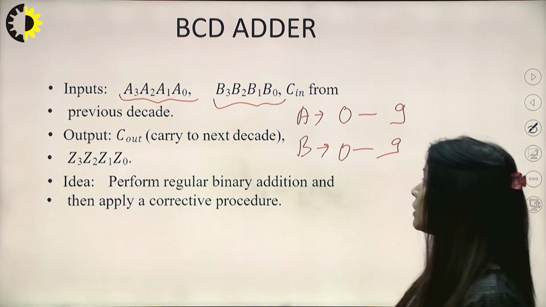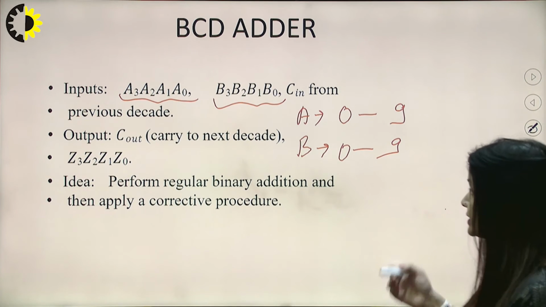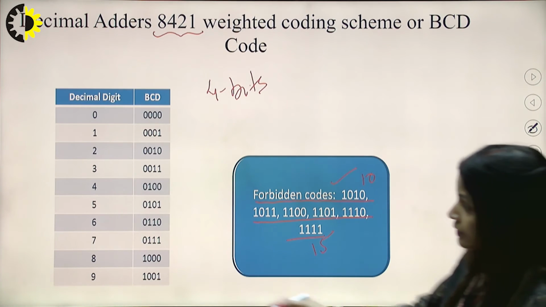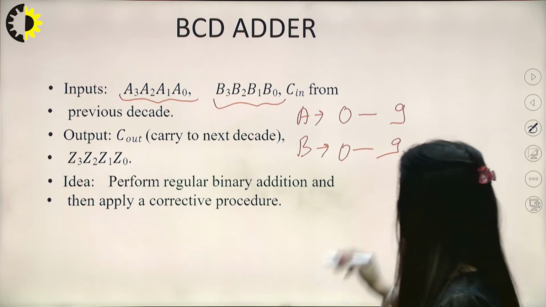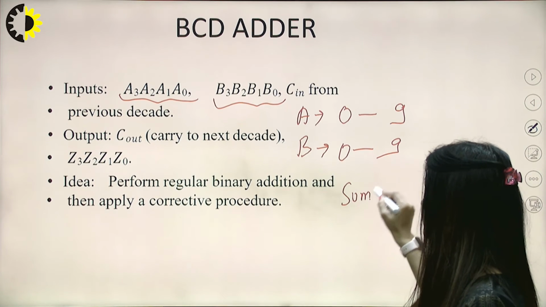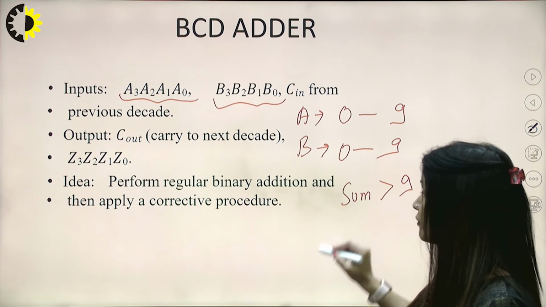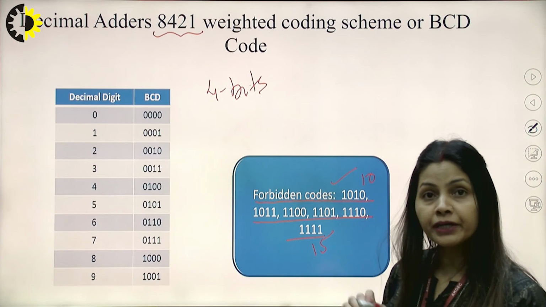If the sum of A and B exceeds 9, it will obviously give the forbidden codes.